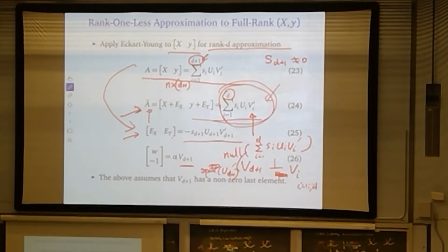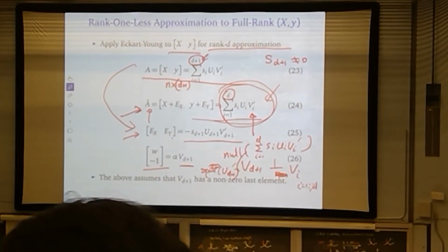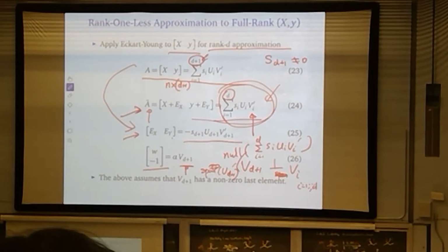If these are the first D eigenvectors, the last one is the null space of the previous D subspace. So then this can be written as a linear combination of this basis. It's orthonormal.